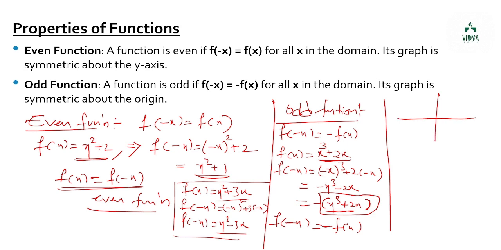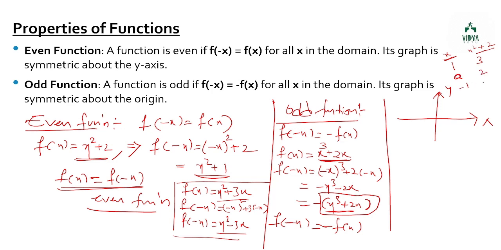Let's take this is x, this is y. I have given the example x² + 2, right? For 1 we'll get 3. This is the x value, this is the x² + 2 value, okay? For 2 we'll get 6, and I will take 0. For 0 we'll get 2.